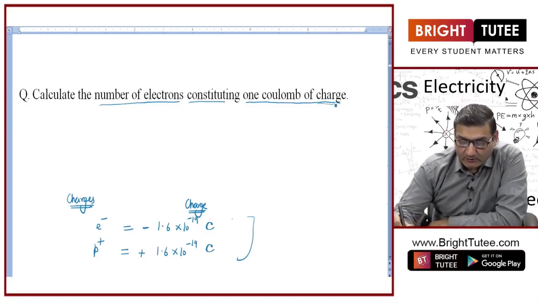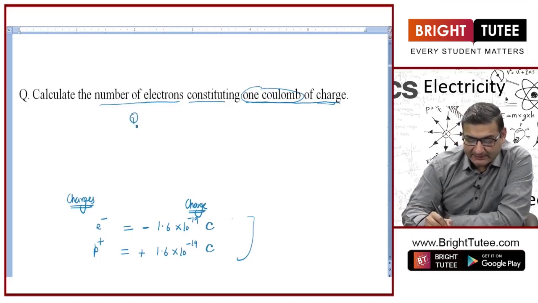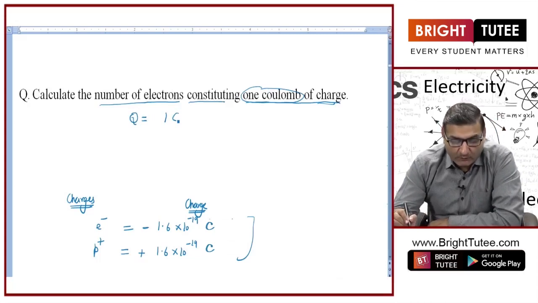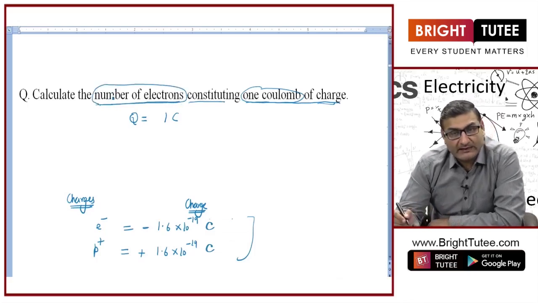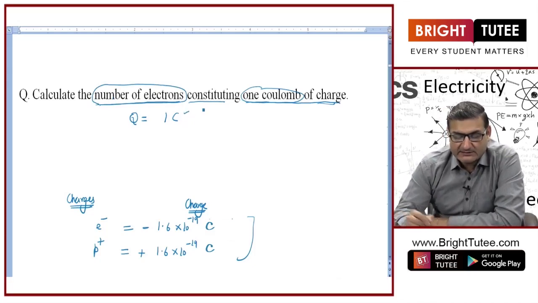The amount of charge given to us is 1 Coulomb. So, I will say that Q is given to me, that is 1 Coulomb charge. What I need to find is how many electrons will together constitute to carry this particular charge.